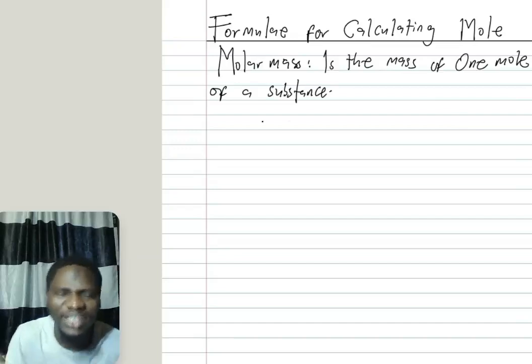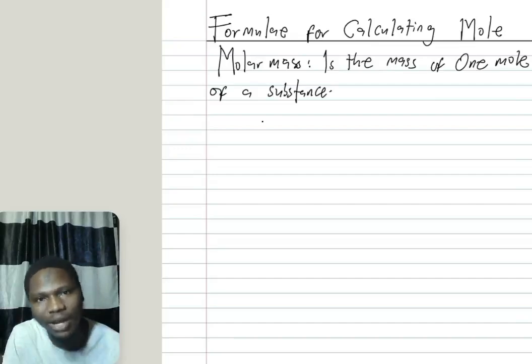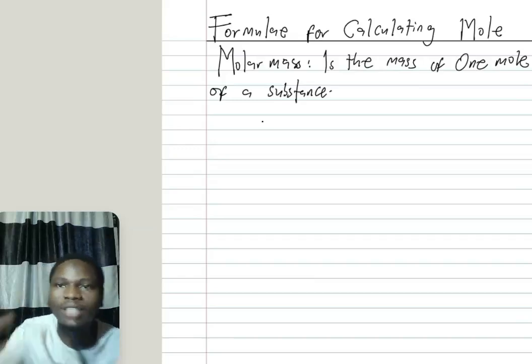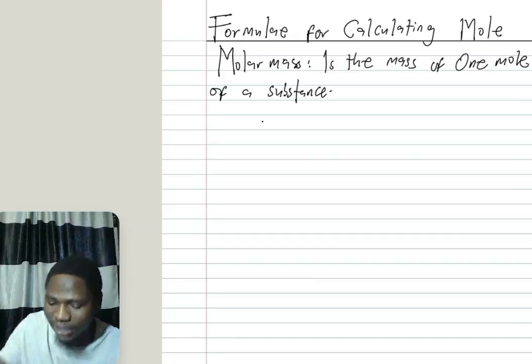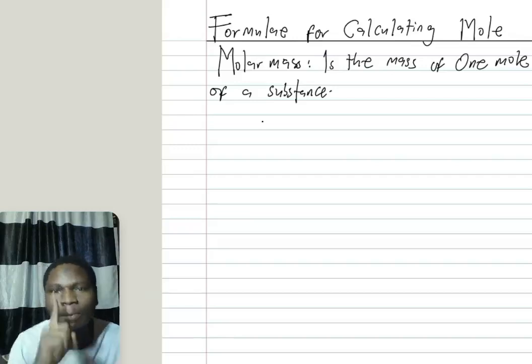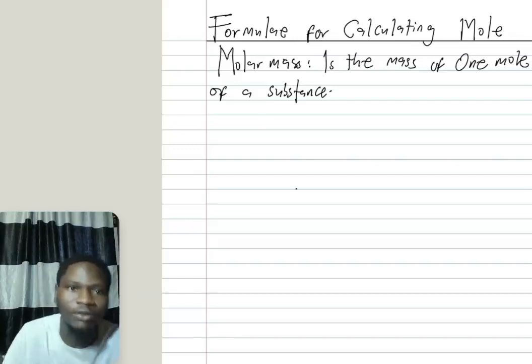In simple language, molar mass is how heavy 1 mole of a substance is. Give me 1 mole of a substance and I weigh the mass. What I get is the molar mass. Let me give you an example.